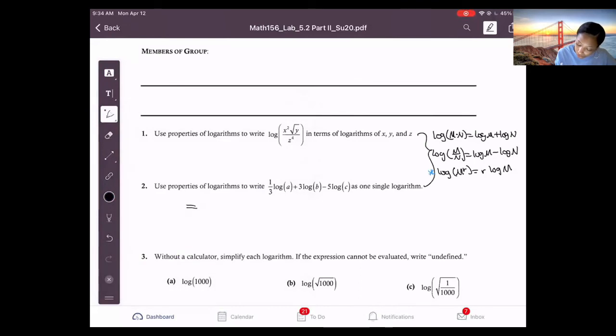So 1/3 log of A would be log of A to the 1/3 power. 3 log of B would be log of B cubed. And minus 5 log of C would be minus log of C to the 5th. So we're condensing them. Instead of having that number being multiplied on the outside, we're going to write it as an exponent.